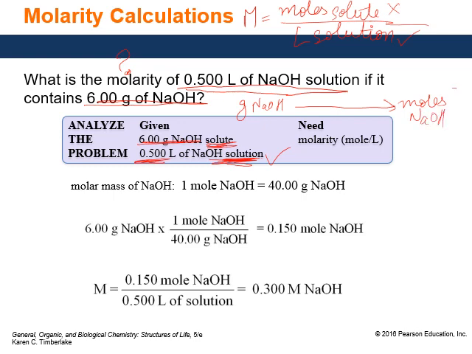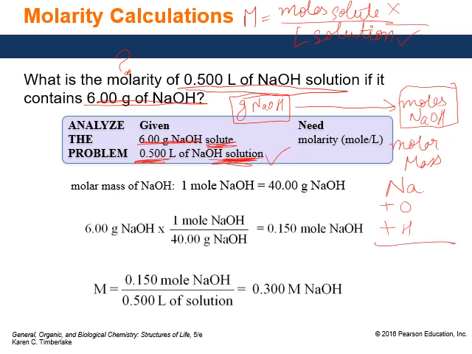If you have seen the previous chapter videos, you would know the relationship that relates grams and moles is called molar mass. How can we find molar mass? You take the mass of one sodium atom from the periodic table plus the mass of one oxygen atom plus the mass of one hydrogen atom, and that gives you a total mass.